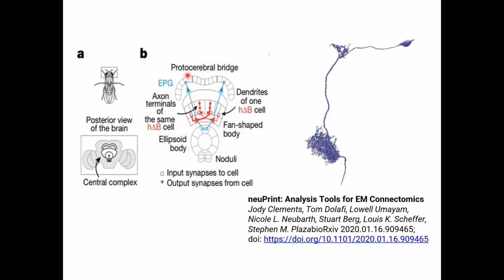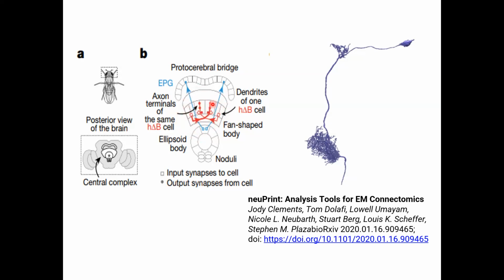Another important structure here is the H delta B cells, and they are acting in the fan-shaped body. According to the video of Abbott, there's a lot of computation going on here.